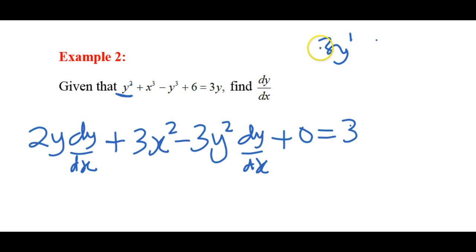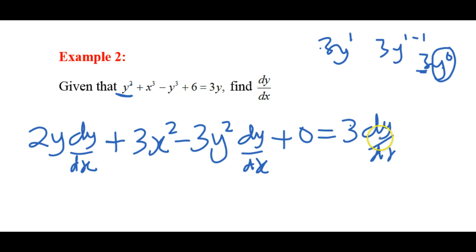So 1 times 3 will give me 3, then 1 minus 1 is 0. So I'm going to have 3y to the power 0, and remember that y to the power 0 will give you 1. And 1 times this will give you that, 3. But then I have my dy dx because I differentiated y.